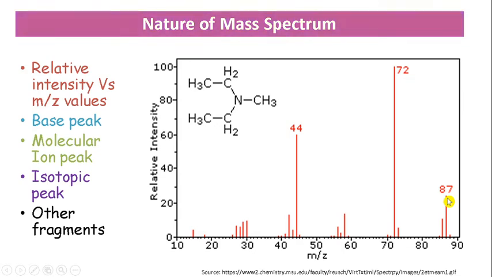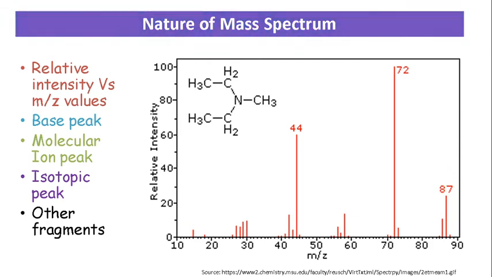The peak at 87 is due to the ejection of one electron from this compound. It means the molecular weight of this molecule is 87 and the peak is observed at 87. So this is called the molecular ion peak.